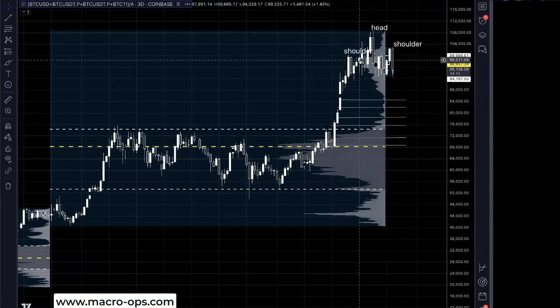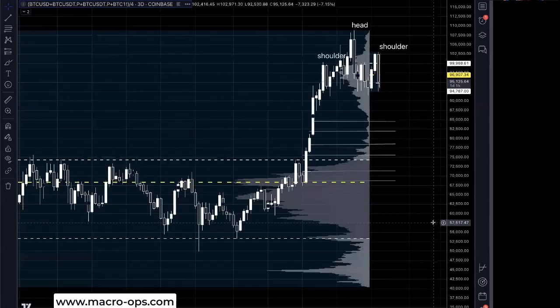I've combined the volume of all 4 of those products to get a good understanding of where we have high volume areas and low volume areas. The high volume area is represented by this dotted line on top and this white line on the bottom. This is our value area. 70% of the volume of 2024 was traded within this range of about $75,000 to $53,000.